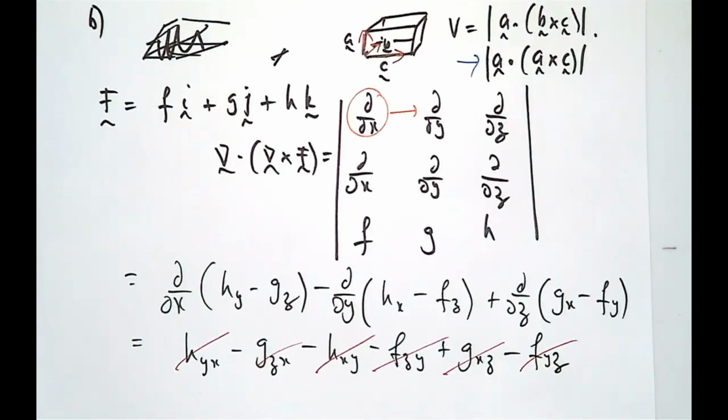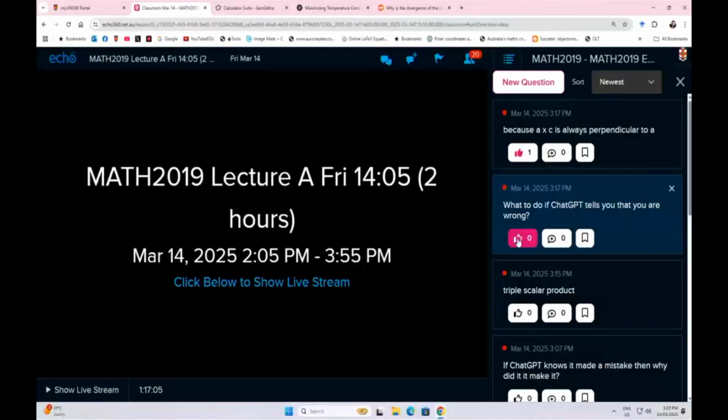Oh. Here's a good question. This is a philosophical question. What to do if ChatGPT tells you that you are wrong? This will happen occasionally. Any suggestions? Bless you. You gaslight it.